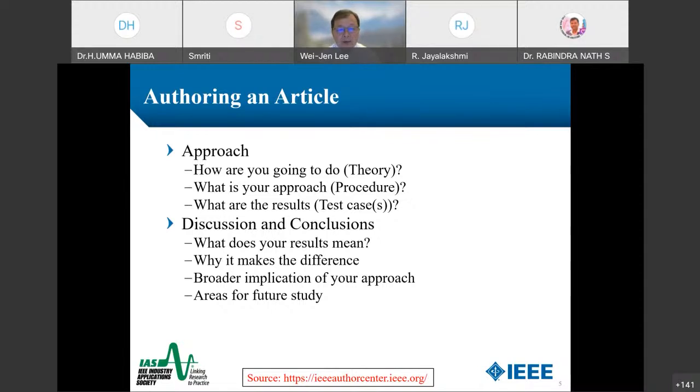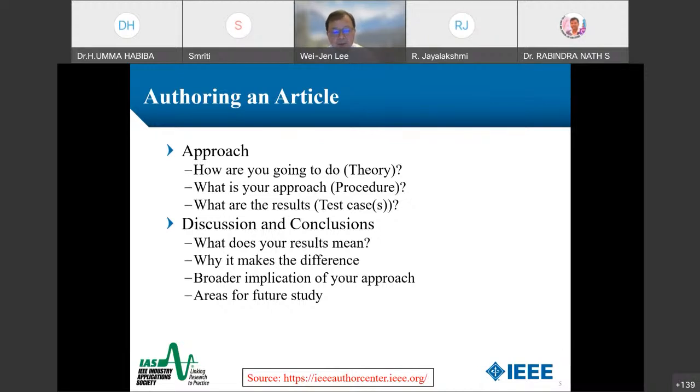There is always something to be improved, and that also gives the reviewer the impression that you understand the problem and the limitations. The area of future study also gives you the opportunity to write subsequent papers in the related area.